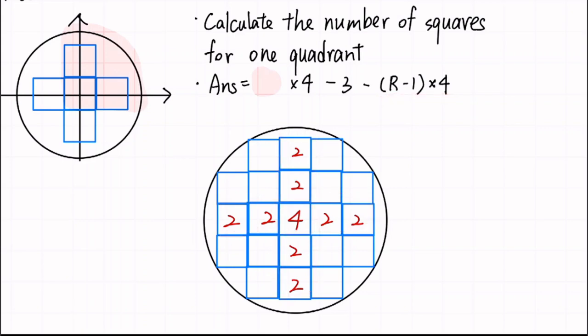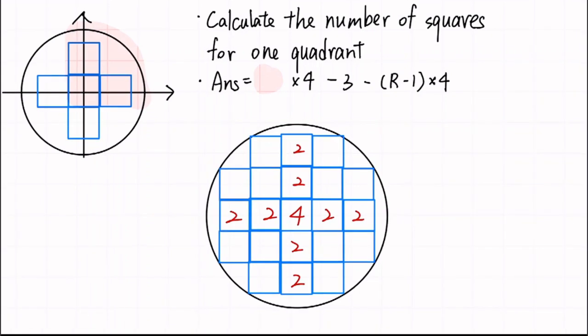And so, if we want to find the values for the first quadrant, we can just loop through x from 0 to r, and then for each, we can use binary search or any other methods to find the maximum y for each x.